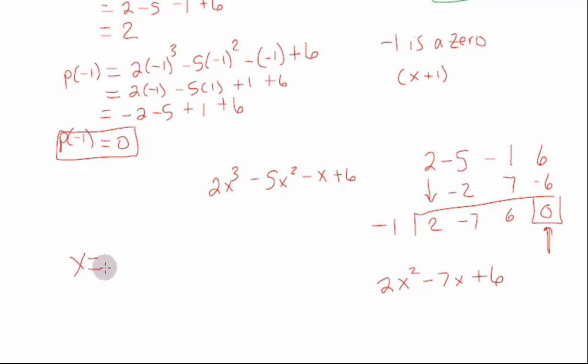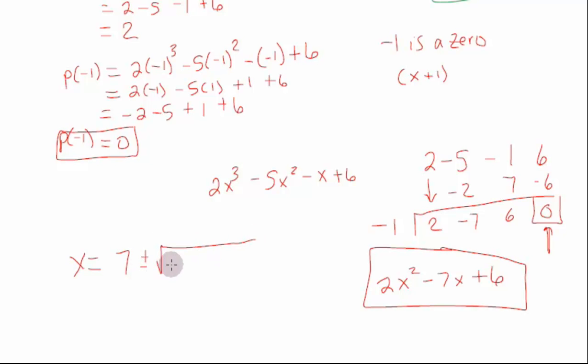All right, the other two zeros are minus b, so opposite of 7 is negative 7 is 7, plus or minus the square root of negative 7 squared minus 4ac, all over 2a.